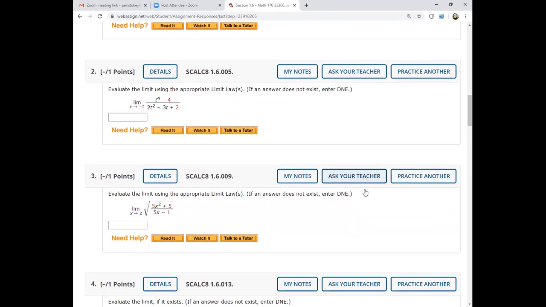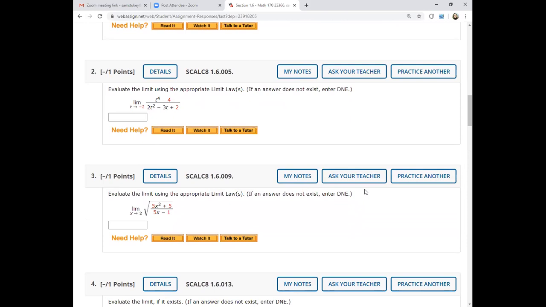That's pretty easy. Now you're going to get to real limits, like this one. There are lots of rules in 1.6 for this. What you want to do here is try to factor. Well, first you want to try to put the number in there, but I always try to factor it first to see if the value that you're approaching is in the domain of the function.